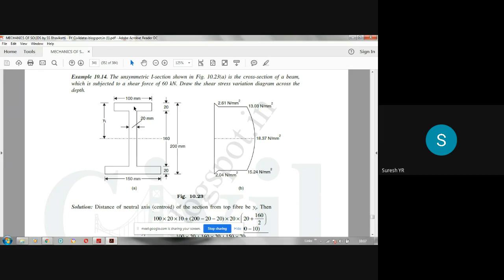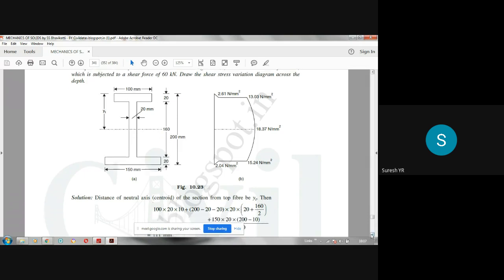So the total yt will be there. Yt minus 10 is the distance of the centroid of this flange from the neutral axis. That is y bar when you are calculating your shear stress at this level. So y bar value and A value remain the same. Only the B value will change.